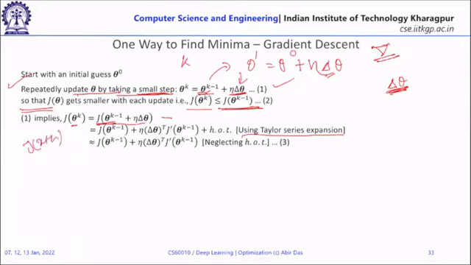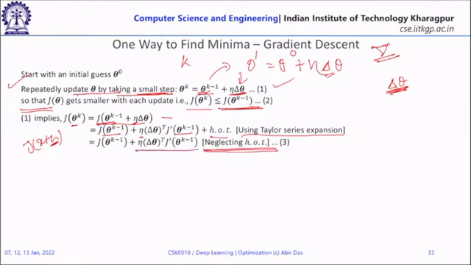This is a scalar, so the gradient term comes out as h transpose times the gradient at theta k minus 1. If you go back to the slide where I wrote that form, you will get it, so I hope I don't have to repeat it once more. Then there are some higher order terms. So J theta k minus 1 plus this term is coming, neglecting the higher order terms.